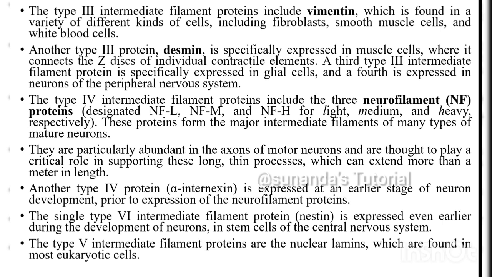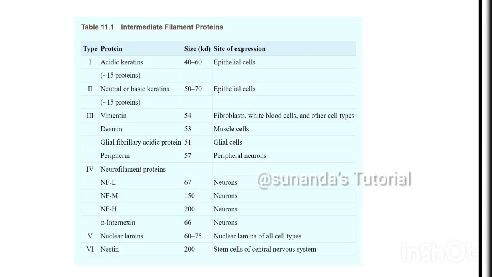So you have to remember which type of intermediate filament protein acts on which cell. These are the list of intermediate filament proteins and their site of expression and size.